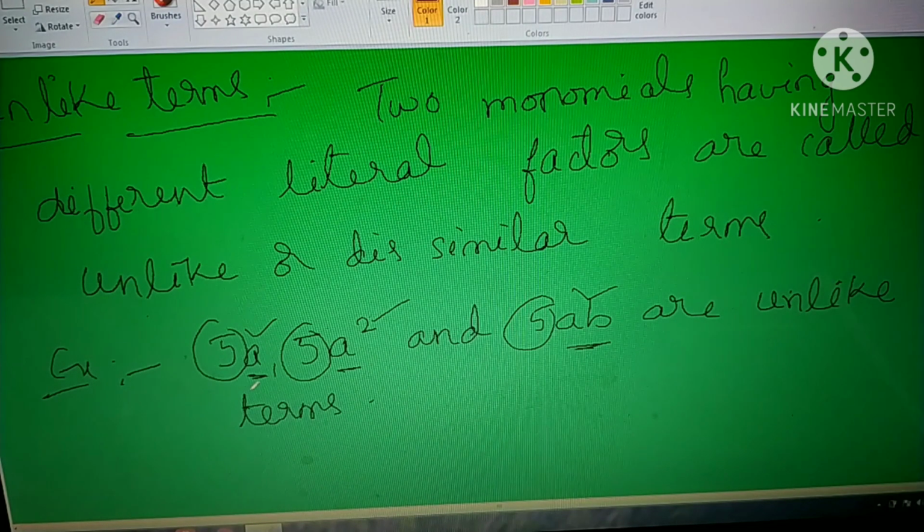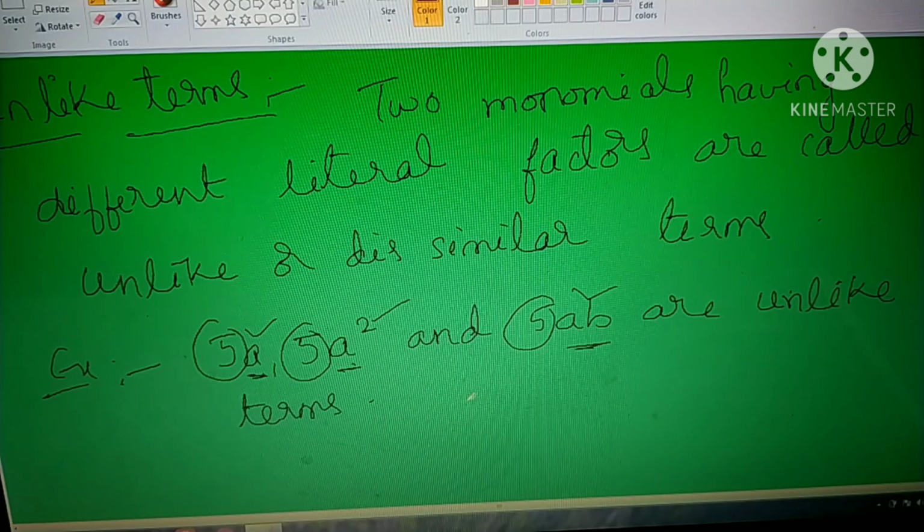So we have no common literal factor here. Here we have A, but here we have A square. So these are not like terms. We don't have any similar terms here. All are different: AB is different, A square is different, A is different. So terms with these different literal factors will be called unlike terms.